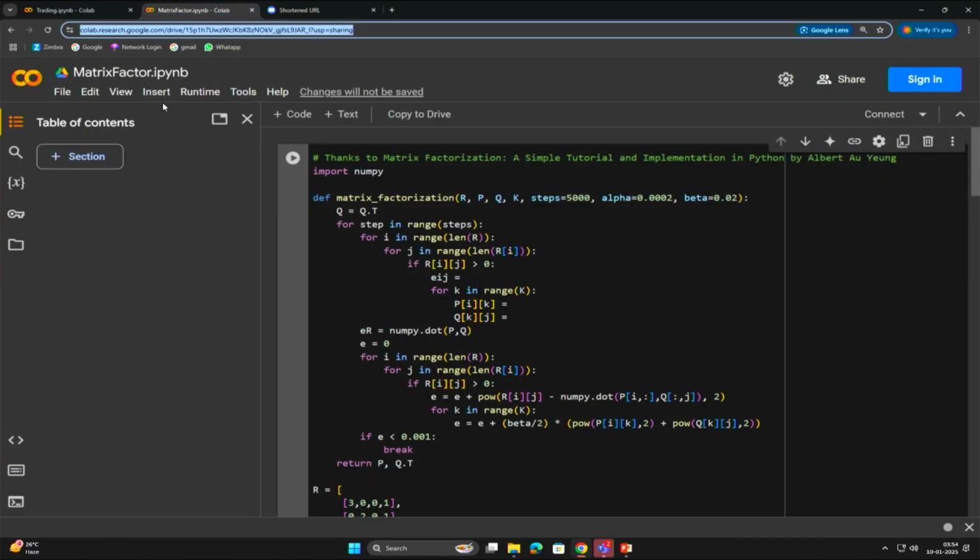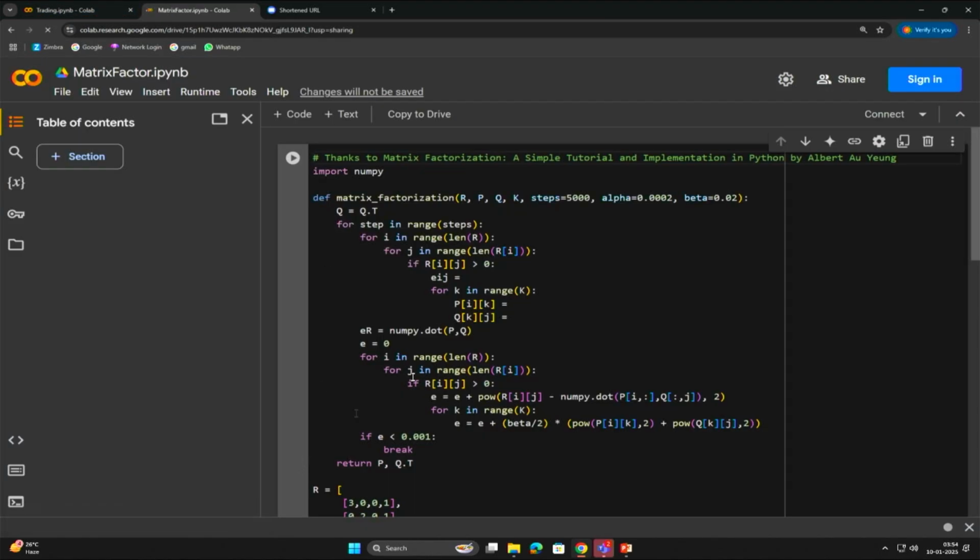So if you are on this page, so everything except the error function, if you look here on the screen, you should have access to this Colab. So the error function is not provided. And neither are the updated values of p, i, k, and q, k, j. Okay.